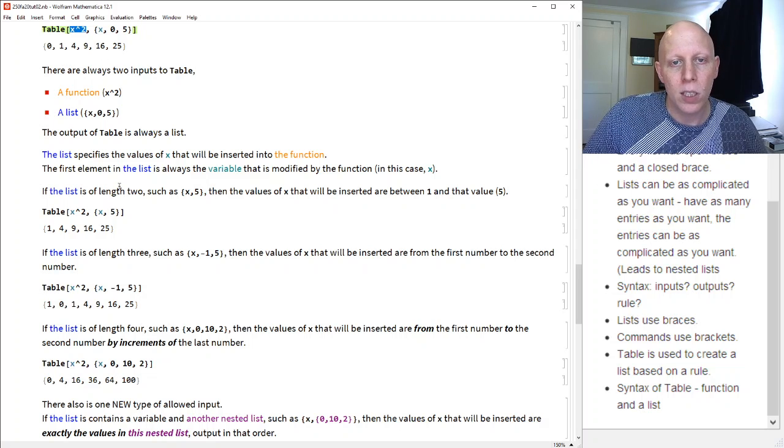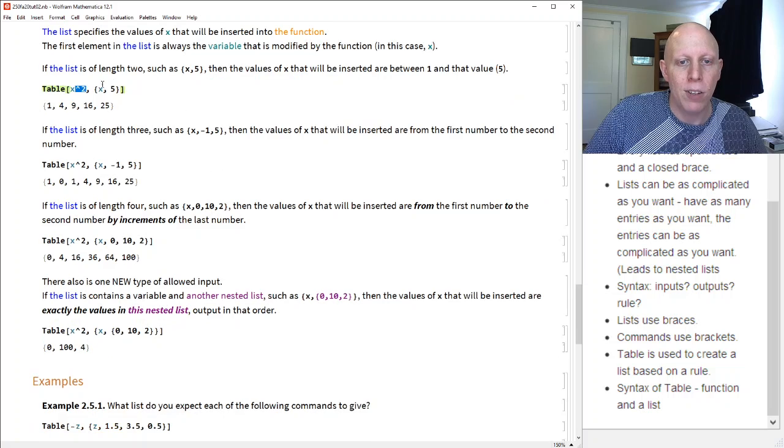Just like with Range, there are a number of different ways that you can specify the set of values of the variable, in this case the set of values of x. Just like in Range, where Range of 5 gives the numbers 1 to 5, here if we do Table of a function where x goes to 5, that's saying start at 1, go to 5.